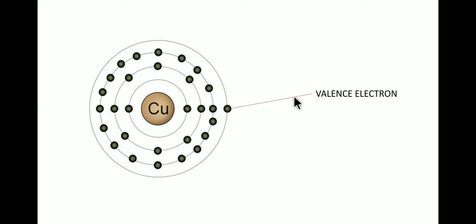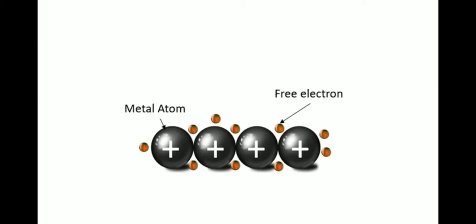So this valence electron will have very less electrostatic force, and thus it can move around freely. So these are also called the free electrons. The free electrons, as you can see out here, this is the metal atom simply.